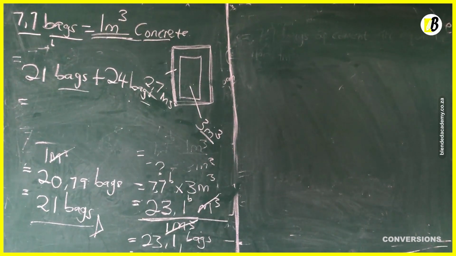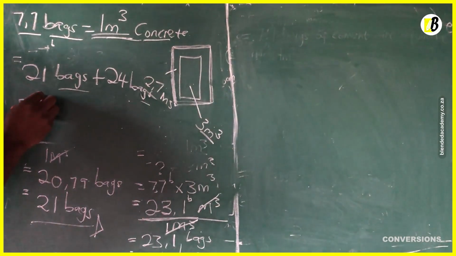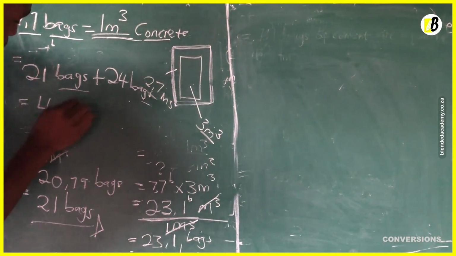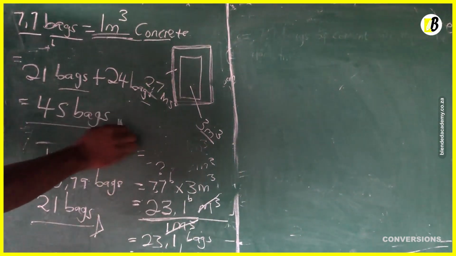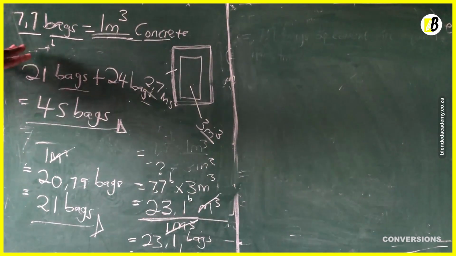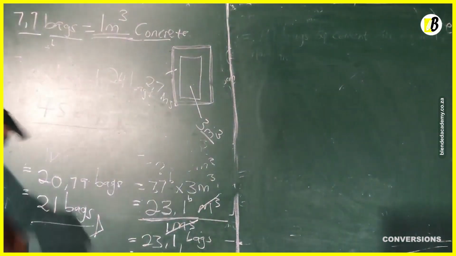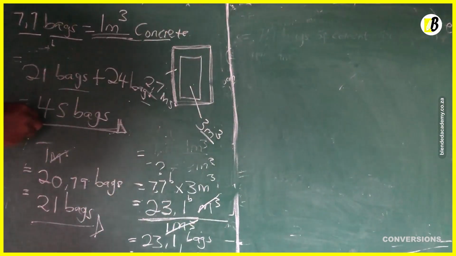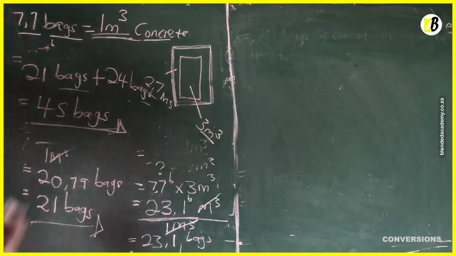And this is one of the simplest equations you can ever have. The total here is 45 bags. So basically, overall, the total number of cement bags that you're going to require to fill this with the concrete is 45 bags, right? So, we're done with this example.